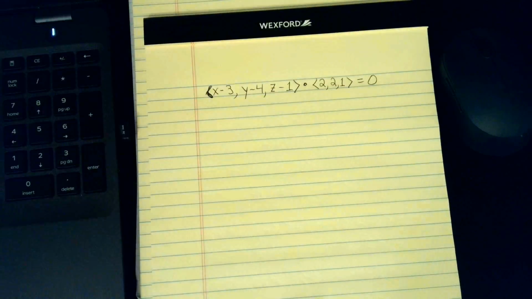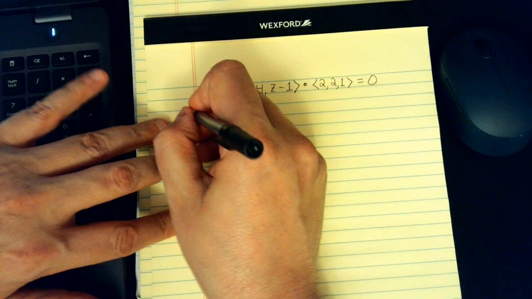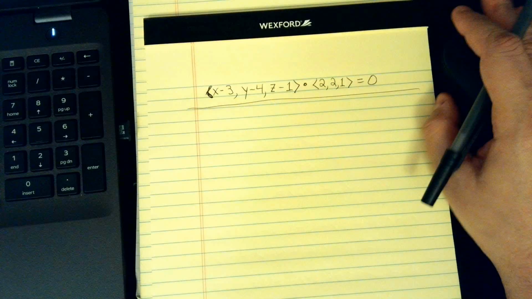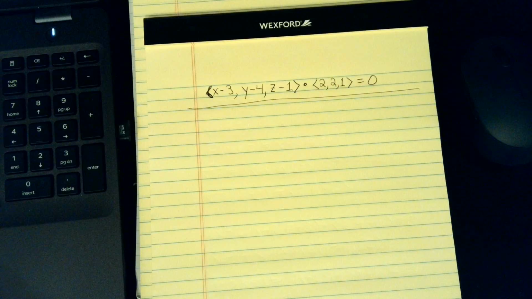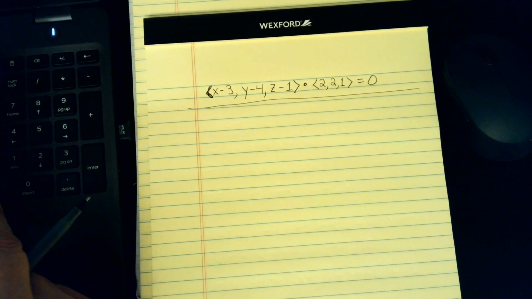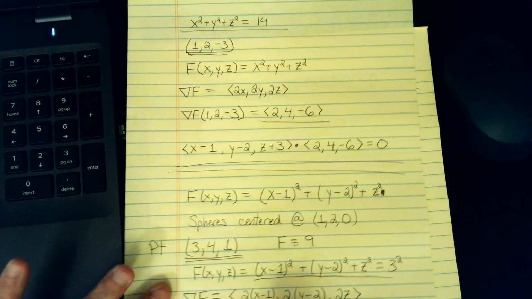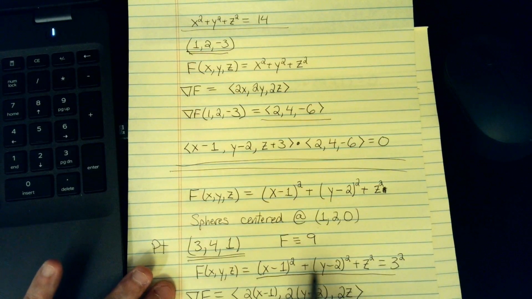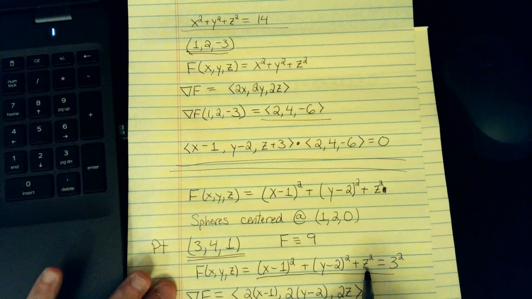Now, you could say, well, hang on a sec, couldn't we have just solved for z and done this the old way? And the answer is yes. If we take this function, x minus 1 squared plus y minus 2 squared plus z squared equals 3 squared, we solve for z.